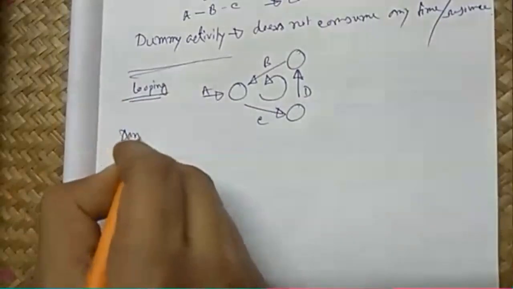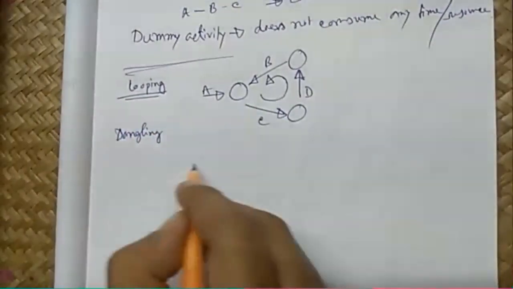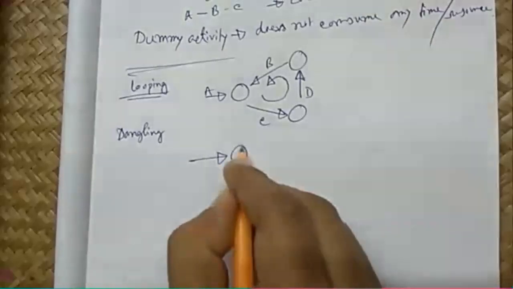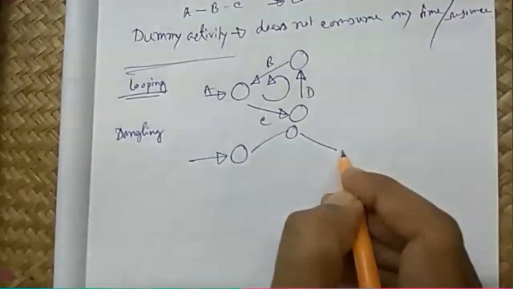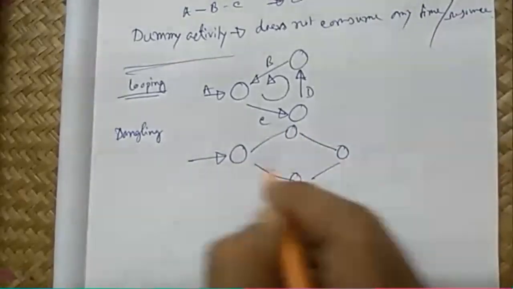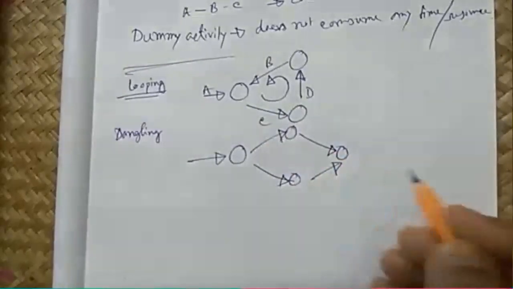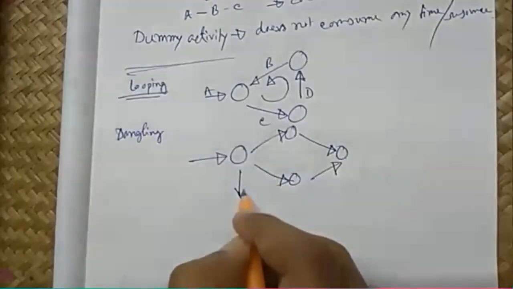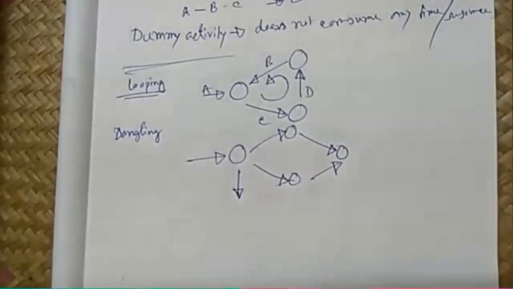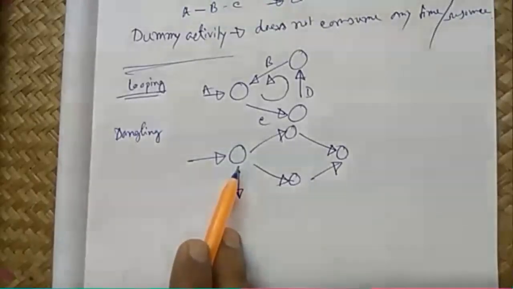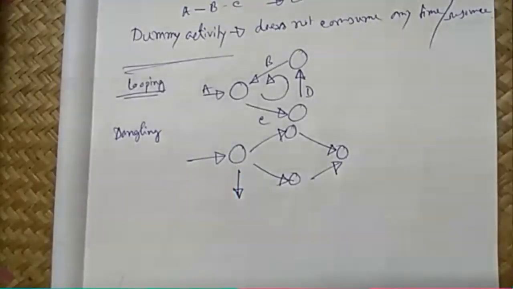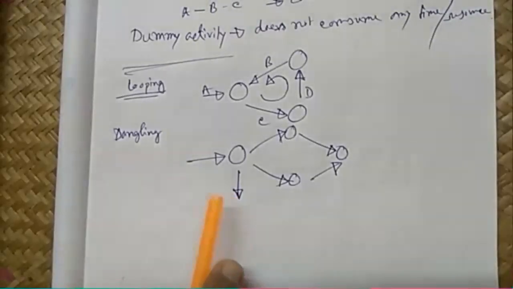There is another error which is called dangling. When you are making a network, you need to keep it in mind. So in such a case, if you see this activity coming out and going nowhere, though it is not the last or the terminal event, still there is an activity coming out of the network and it goes nowhere.